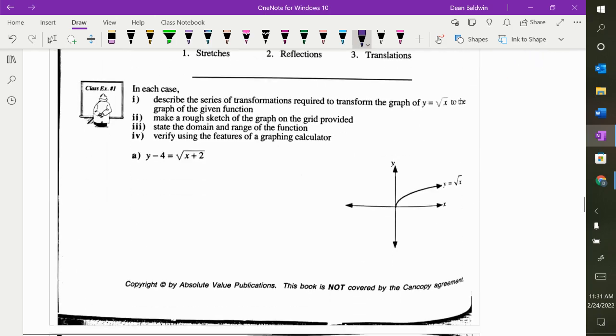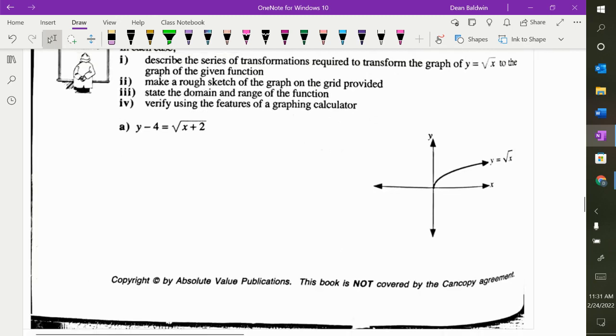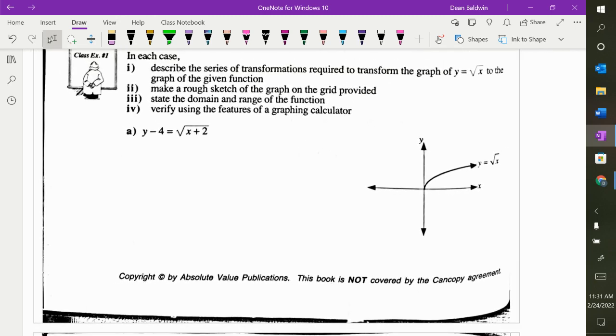Okay, forget all that. All right, here we go, sketching the graphs. So, y minus 4 is equal to root x plus 2. What do I need to do first? Okay, so what has happened here?